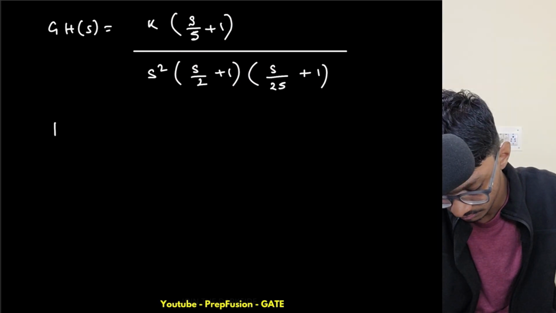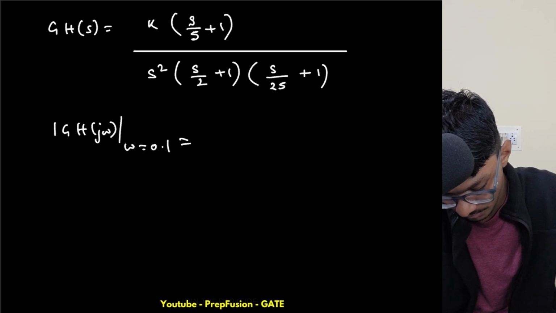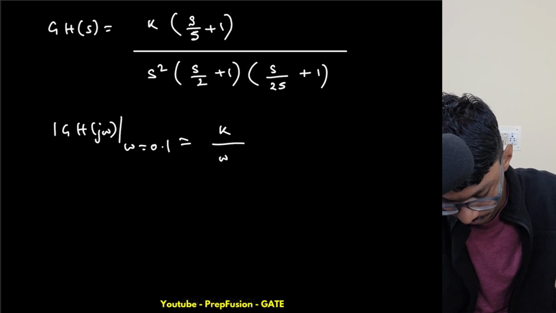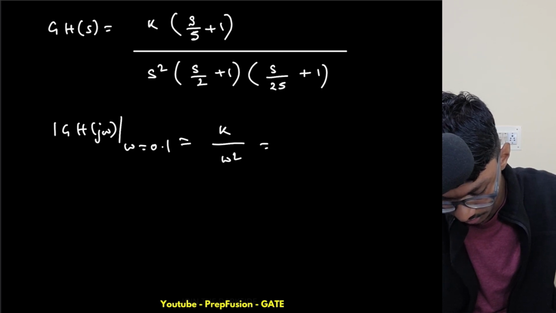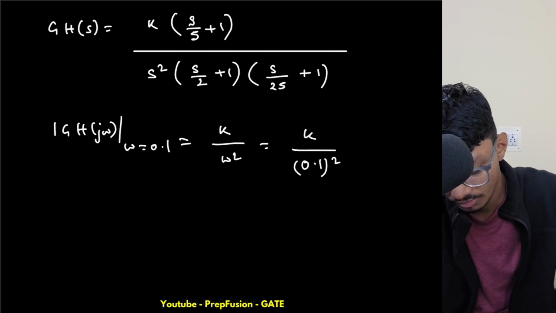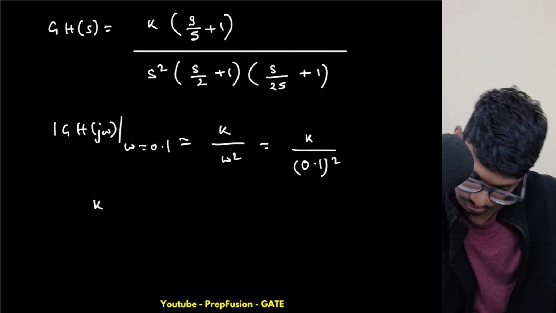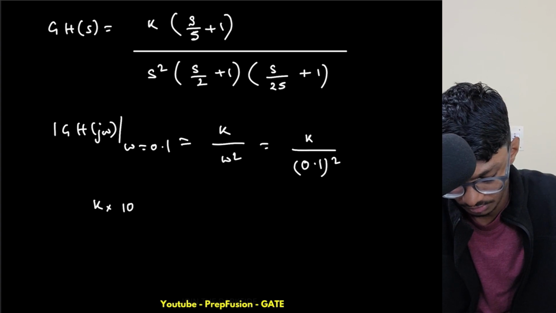So this will become simply K by omega squared, which equals K by 0.1 whole squared. So this is K into 10 squared.